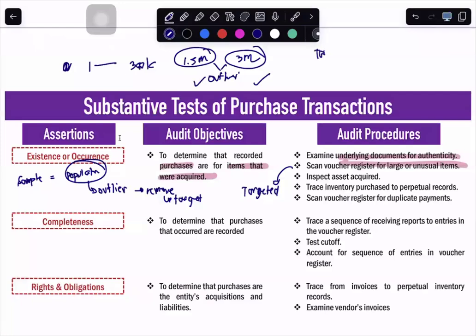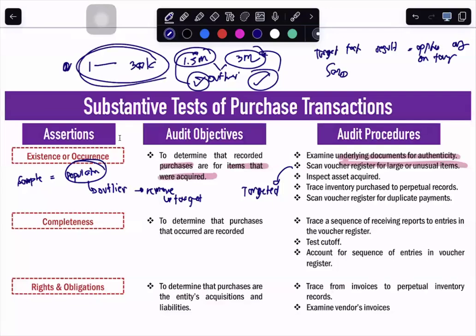So what's the difference? If that is targeted testing, whatever the result is applies only to the targeted item. The result of this test applies only to the 1.5 million. If that is sampling, the result of the test on the sample within the population applies to the whole population.